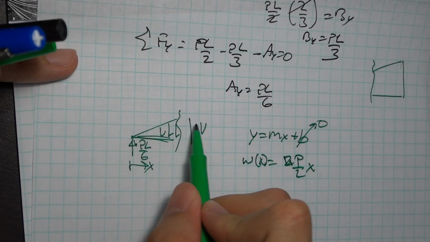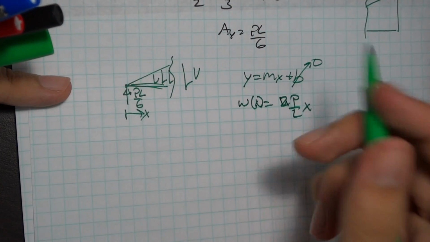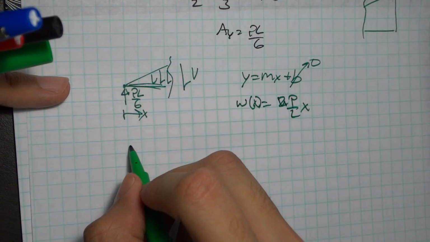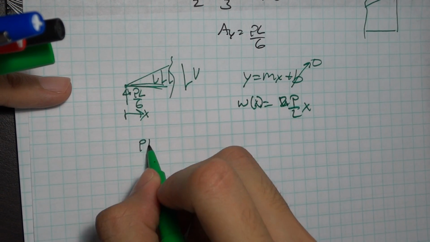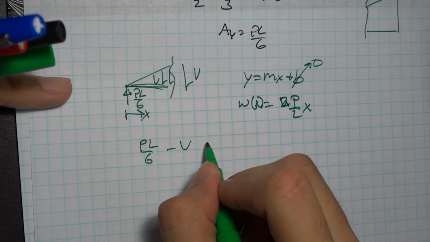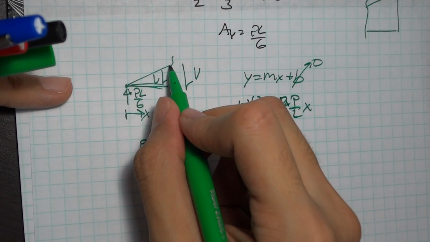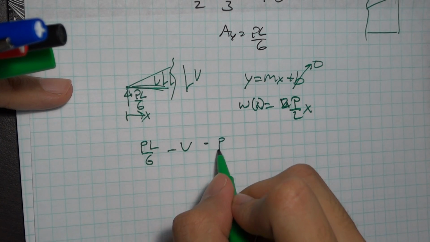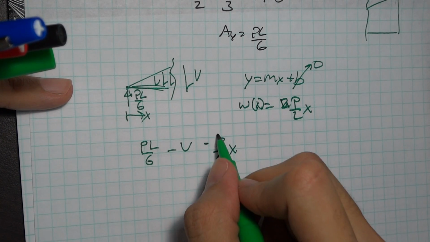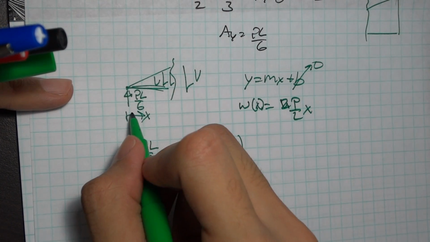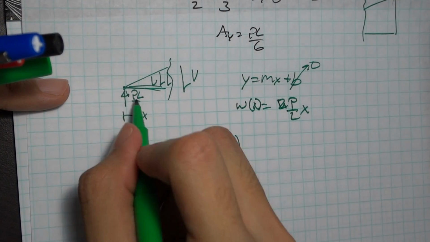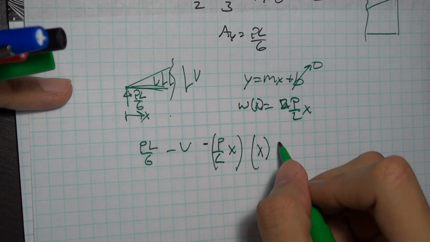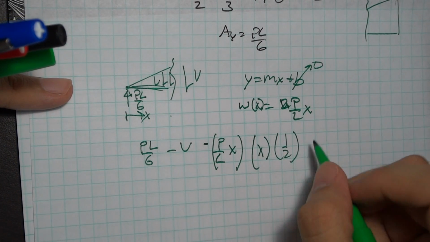So when I come over here and I'm trying to find my shear, what is my shear? I have PL over 6 minus V minus the height at this point minus the height at the cut, PLX, times the distance, the length of the cut from here to here, the distance to the cut, times x, times 1/2, right?